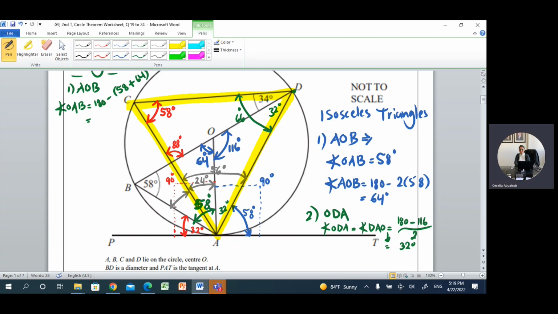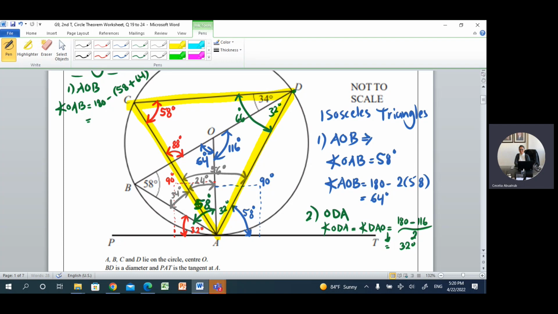So I think we found all angles. This is 32. This one here is going to be 58 minus 24. So this one here will be 34 degrees.